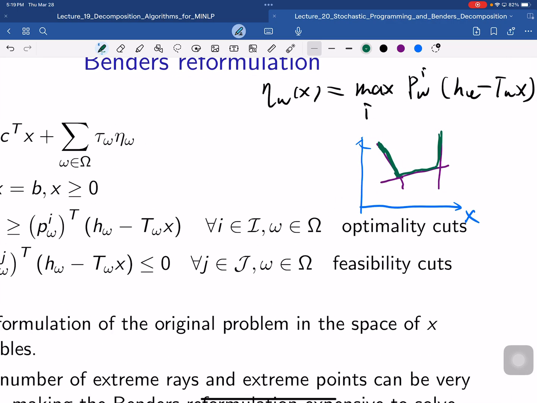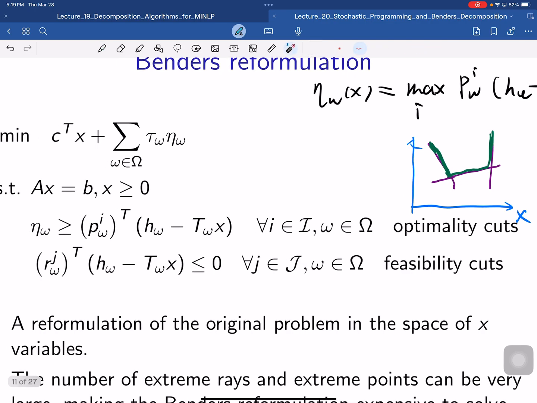And then if you write eta to be greater than or equal to each of the pieces here, essentially you are talking about the epigraph of these 3 linear functions. This constraint will be denoting this red region here, right?